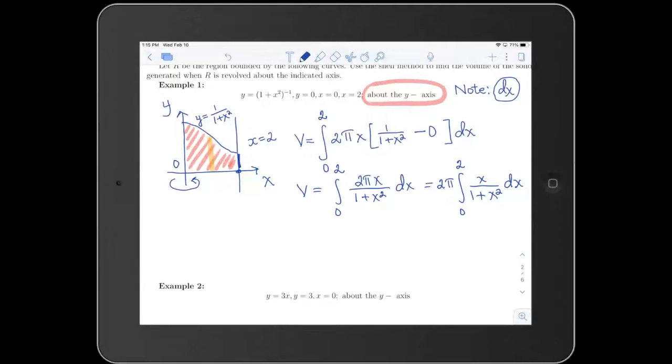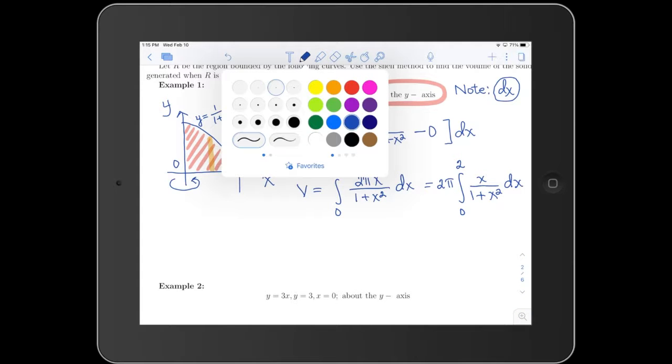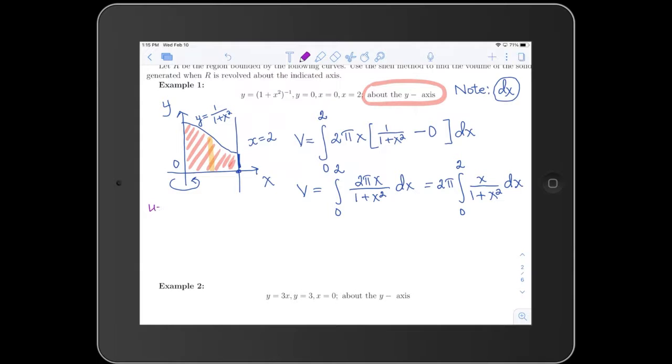Can you u sub? Yes. When in doubt, always try u sub. So what's our u sub? That would be 1 plus x squared, that's your u.